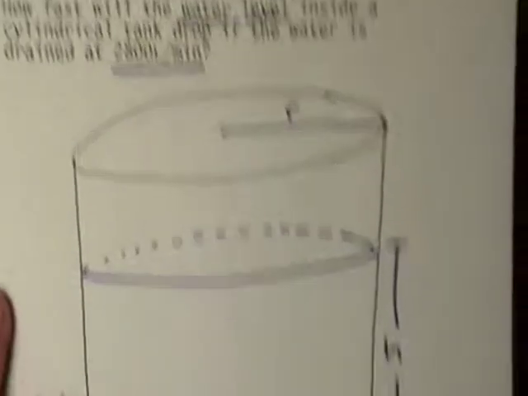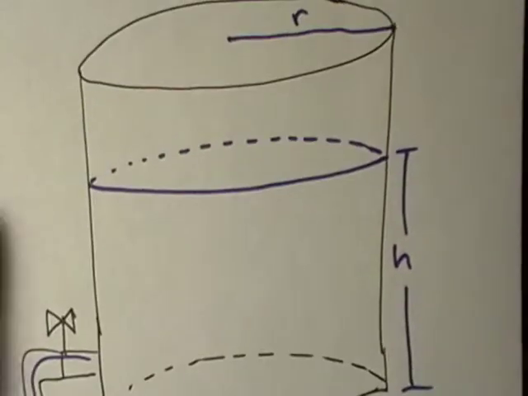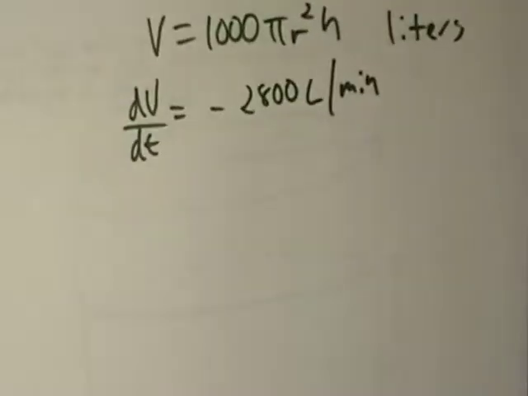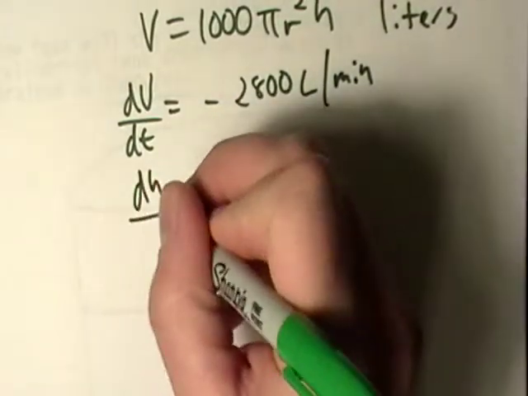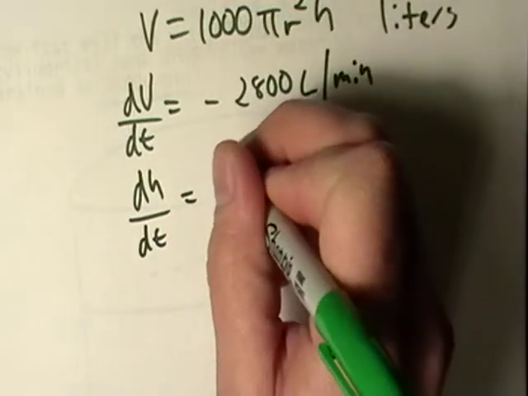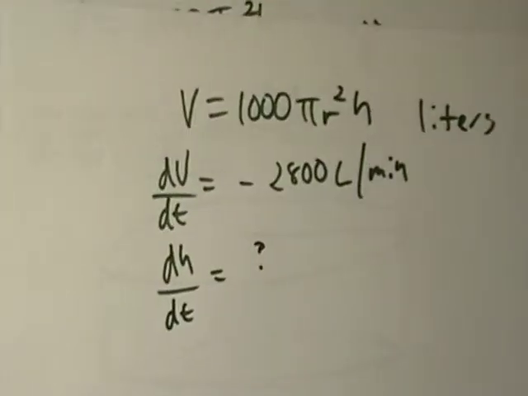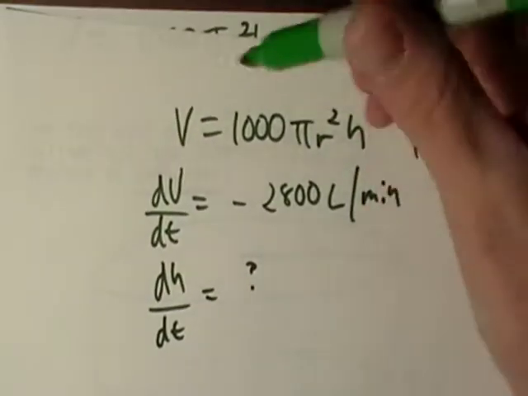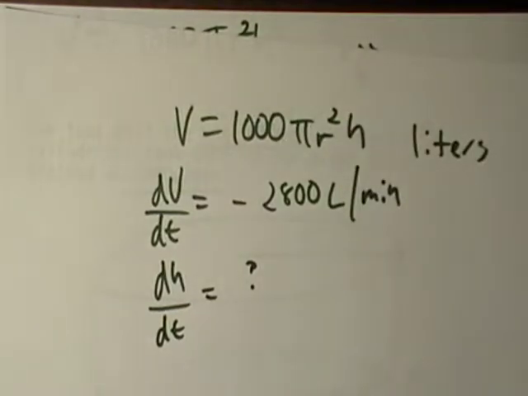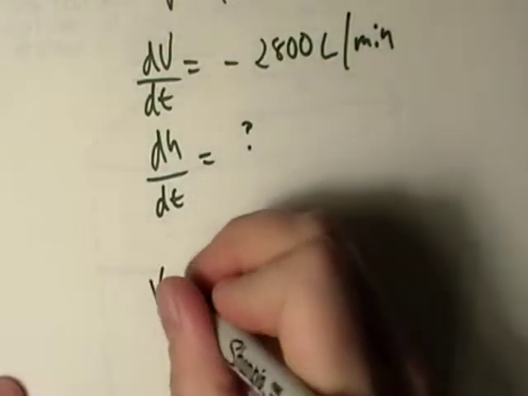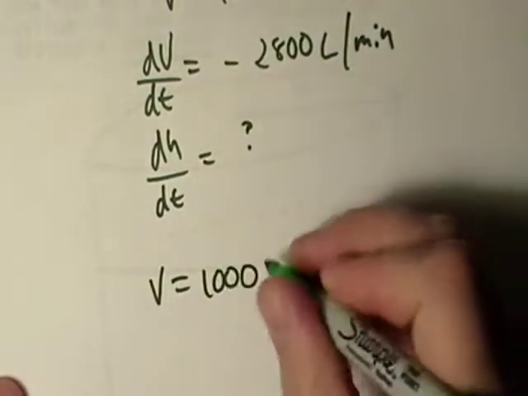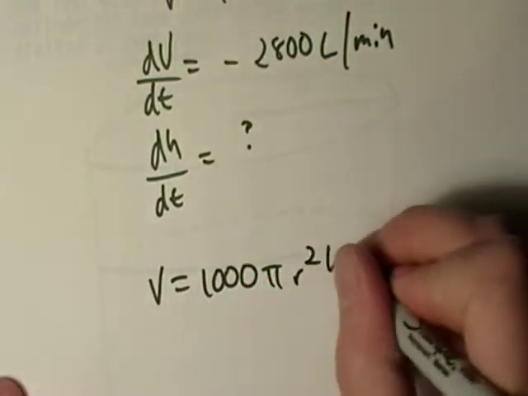And the derivative of h, height, with respect to time, that's our unknown. So let's go back to our first equation right here. Okay, that's V equals 1,000 pi r squared h. I'm going to write it again, loud and proud.